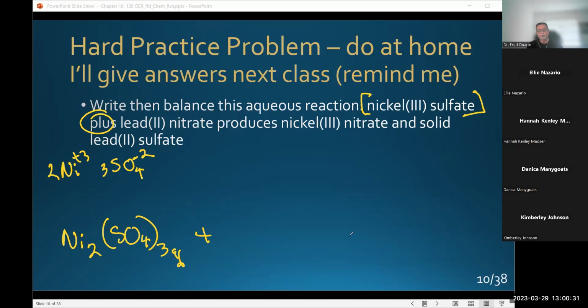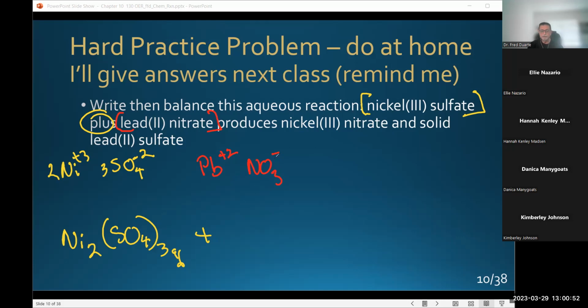I'm going to color code it, and this is lead nitrate. So we're using lead, Pb2+. And the nitrate is, again, look at the polyatomic ion. Look it up in the polyatomic ion table.